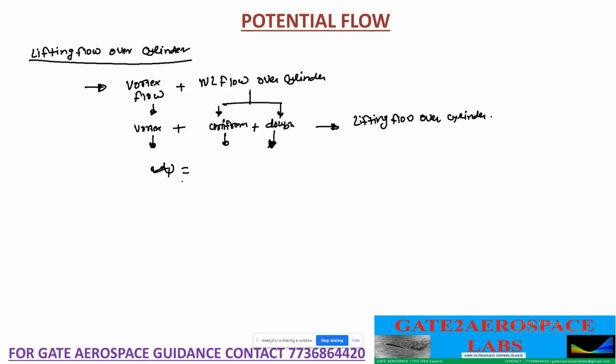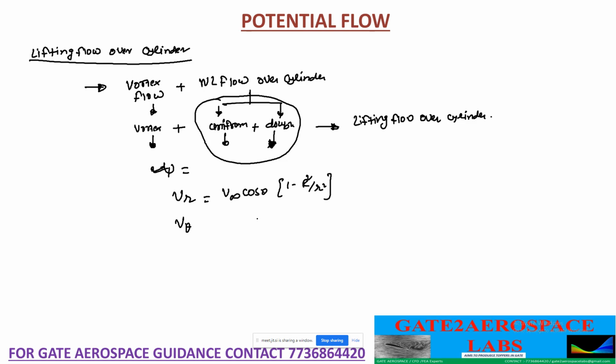If you know psi, you can determine Vr and V theta. I am directly writing the Vr. We know the Vr for the non-lifting flow: V infinity cos theta (1 minus R square by r square). V theta for this non-lifting flow is minus V infinity sin theta (1 plus R square by r square).